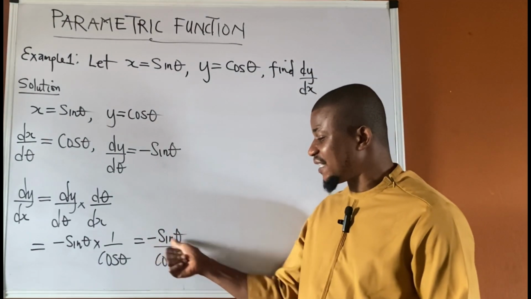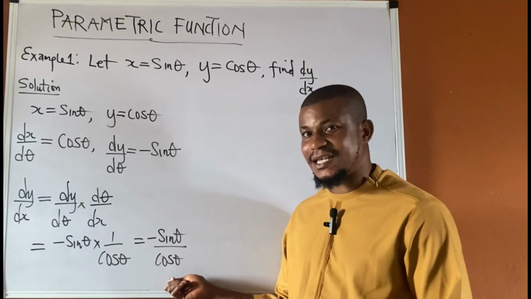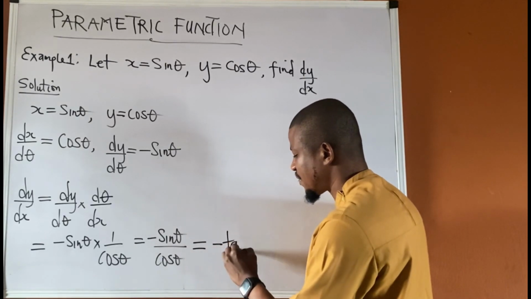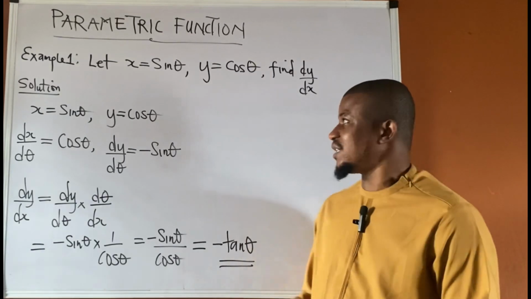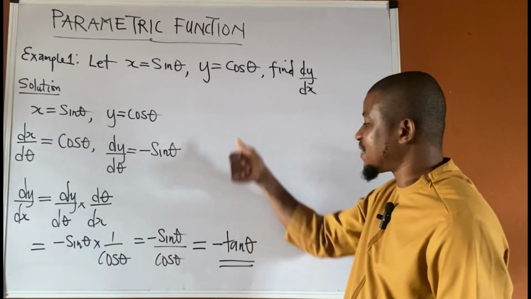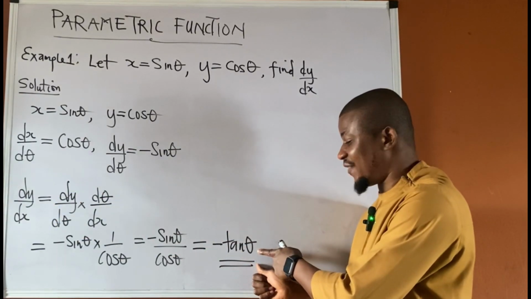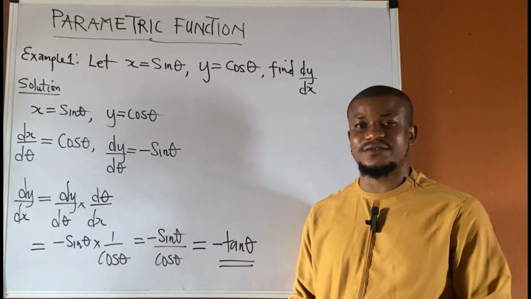Remember that sine theta over cos theta is tan theta, so we can simplify this to negative tan theta, and that is our answer. So we see that in this parametric function, we're asked to find dy/dx, but the final answer, dy/dx, is in terms of that parametric value, or the parameter, which is theta here. And that's how we differentiate a parametric function.